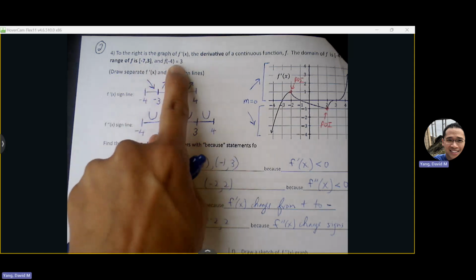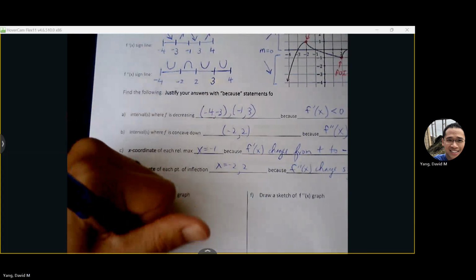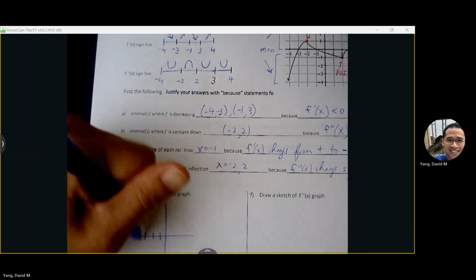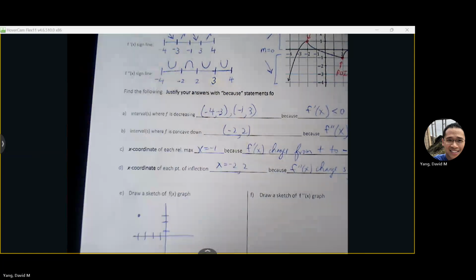There is a target. There is an anchor point here at -4, 3. So we can start there. I'm going to use pencil here because I know that this is not going to be my final draft.